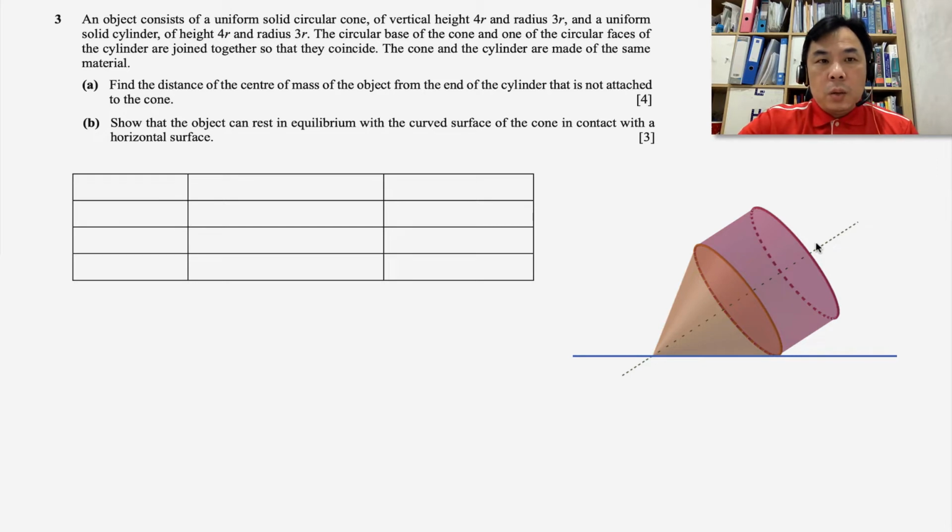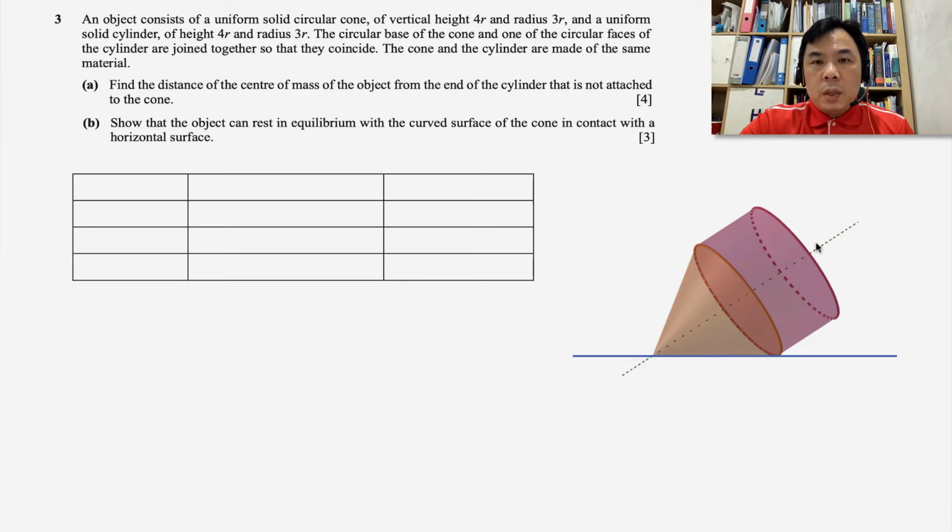An object consists of a uniform solid circular cone of vertical height 4r and a radius 3r and a uniform solid cylinder of height 4r and radius 3r. That sounds like a lot of information there. The circular base of the cone and one of the circular faces of the cylinder are joined together so that they coincide.